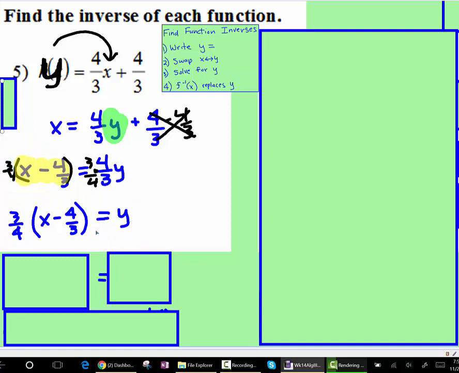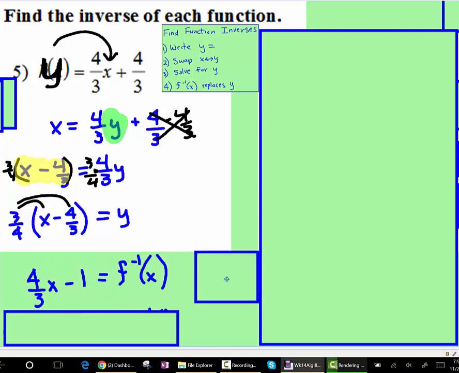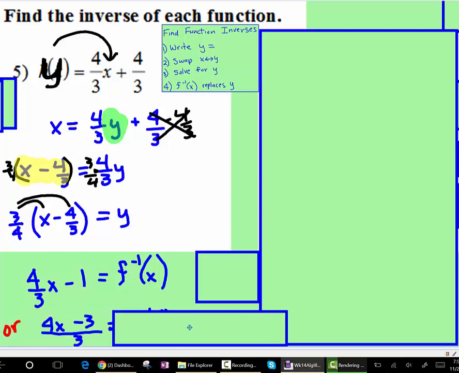And then that leaves us with y, and the only thing left to do here is the distributive. So we end up having 3/4 times x is 3/4 x. Here's a subtract sign, so I put a subtract sign. Well, 3/4 times its reciprocal 4/3, that cancels to 1. And then y can be rewritten as f with the raised -1 of x.